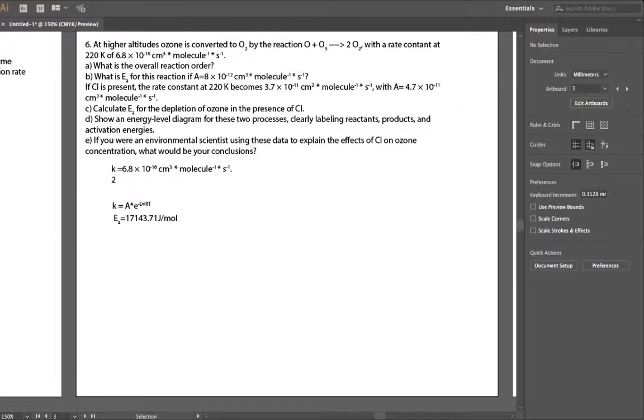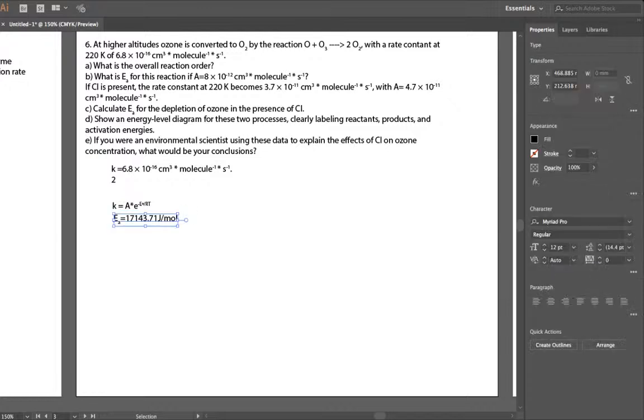And I believe that's the number. Wow. Wait, really? Oh yeah. So the answer that I got, in joules per mole, would be 437.57 joules per mole.